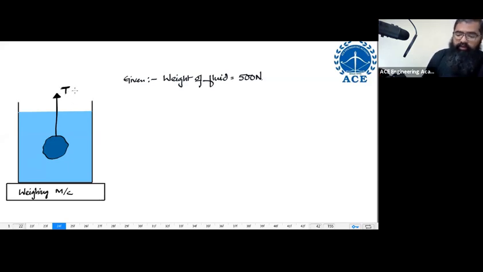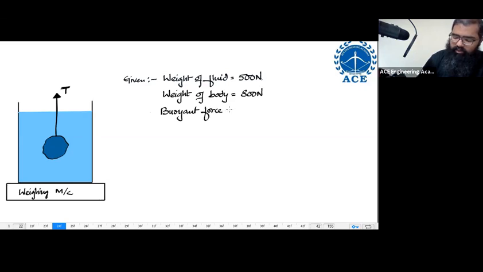Given to you that the weight of body is equal to 800 newtons. Buoyant force is equal to 200 newtons. This much is given to you.